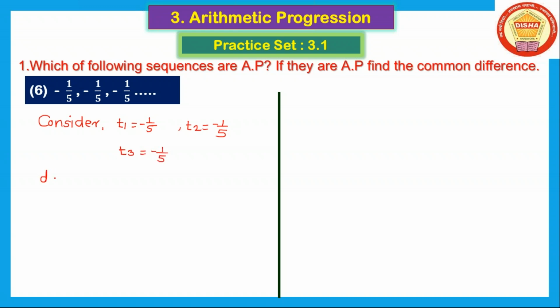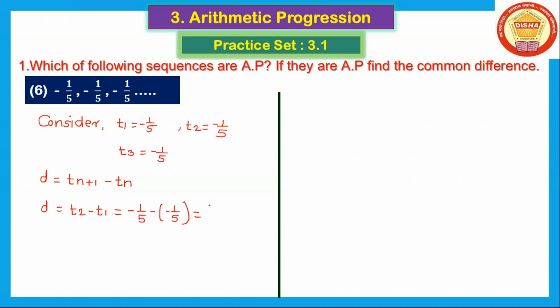Okay. Then we write formula for difference, that is Tn plus 1 minus Tn. Then we find D, that is T2 minus T1. Second term is negative 1 upon 5 minus negative 1 upon 5. First term is also negative 1 upon 5.